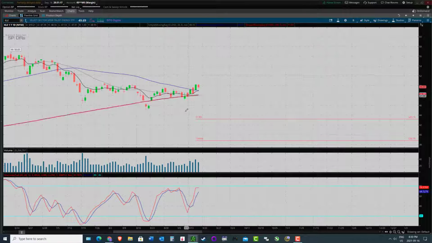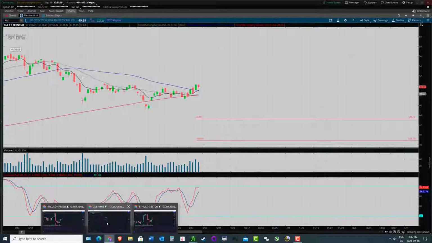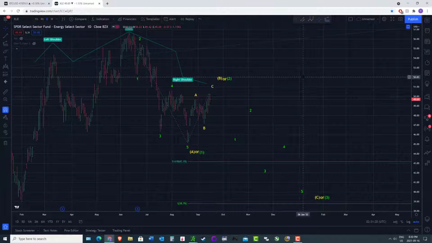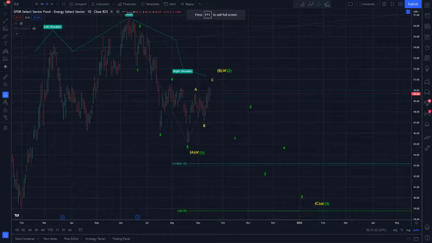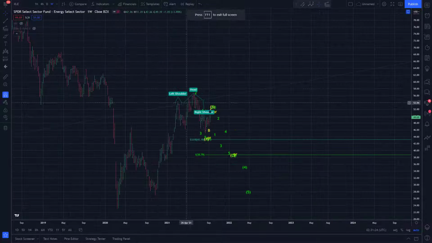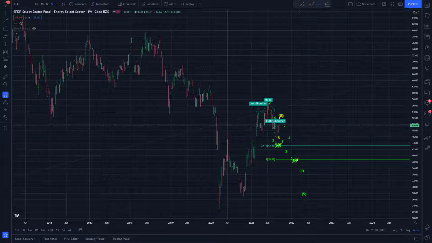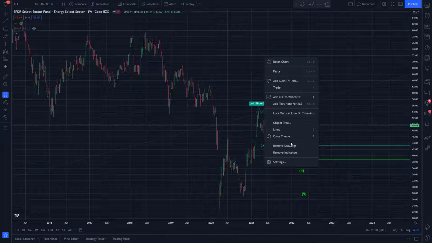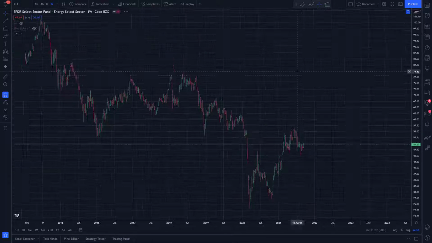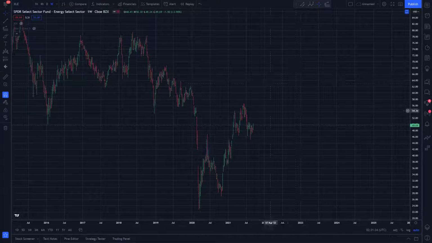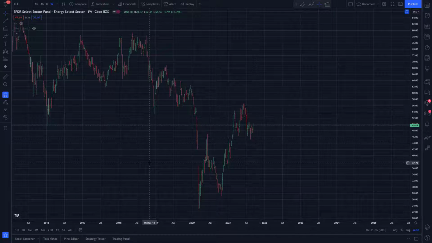Okay. Now, if I just go back to the XLE chart here, if we look at a little bigger picture, if I zoom out, let me just clean this up for now, since I've already shown my take there on the daily.